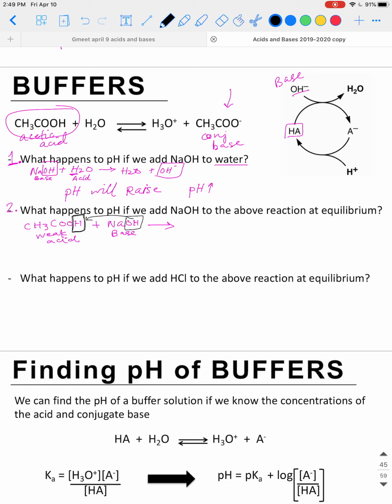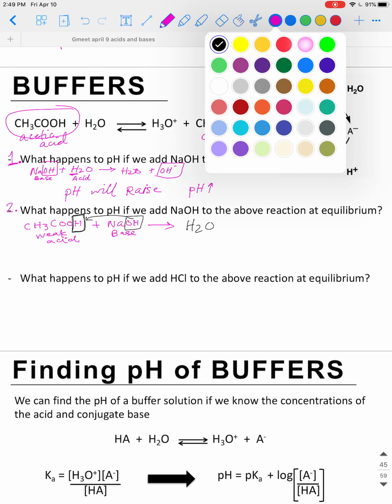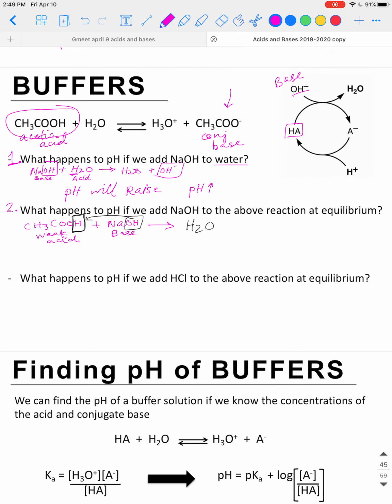So OH minus is going to grab that hydrogen. What are they going to make? It's going to make water. And then what's going to be left over from acetic acid after it donates its hydrogen to OH minus? We'll also have CH3COO minus. Remember, when you add a base, you make water and you make more of the conjugate base. And this is the conjugate base.